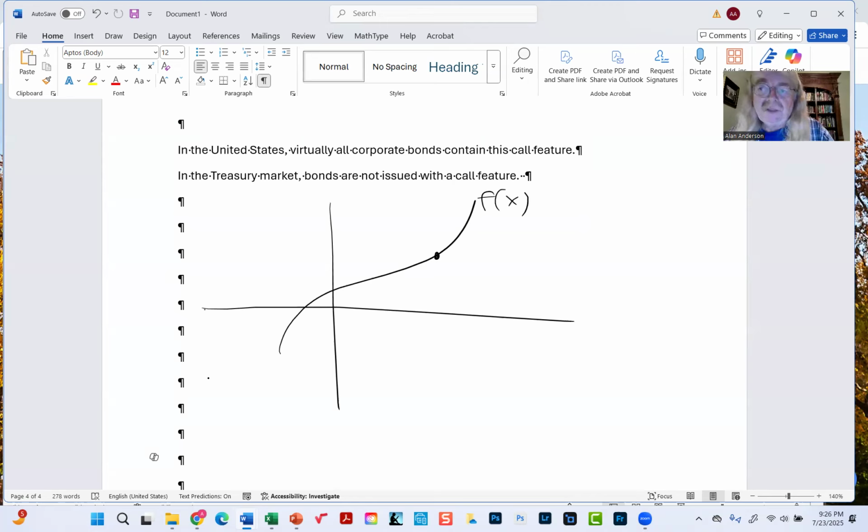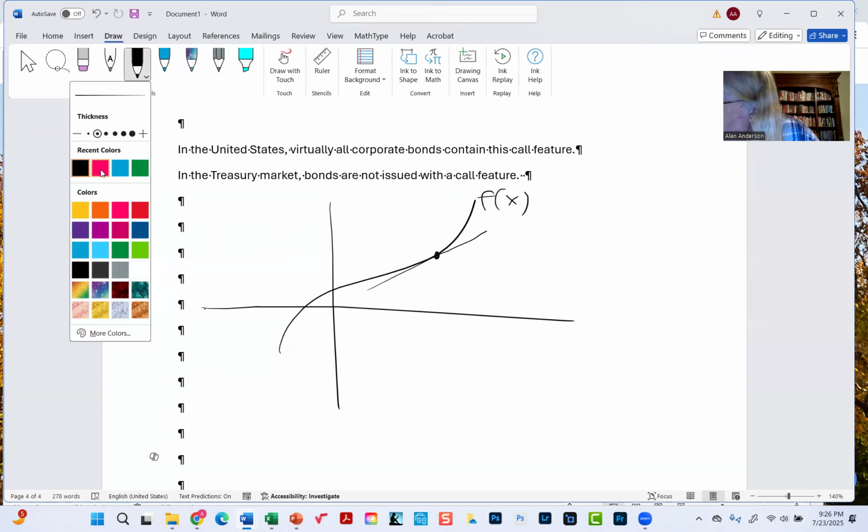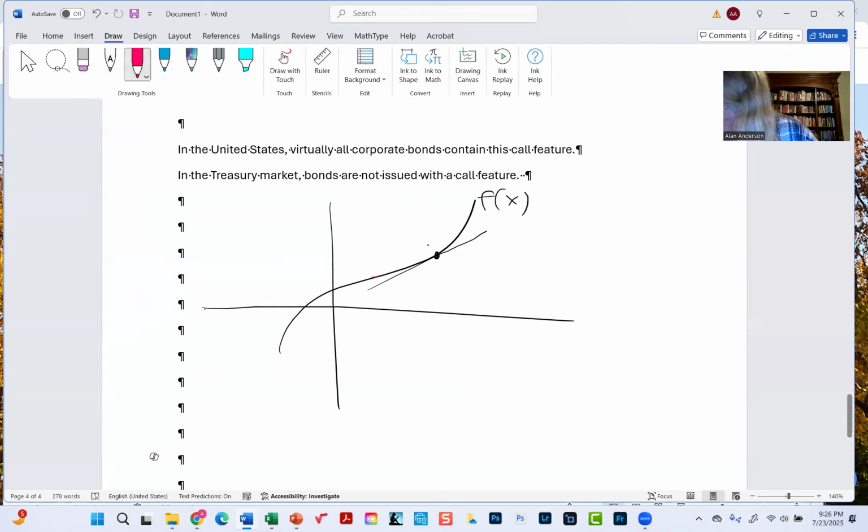So we can have a linear approximation, which may or may not be very accurate. And then we can also have an approximation which includes a linear term and a quadratic term. You might end up with something like this, which is still not perfect, but it's certainly a lot better than just a linear approximation.